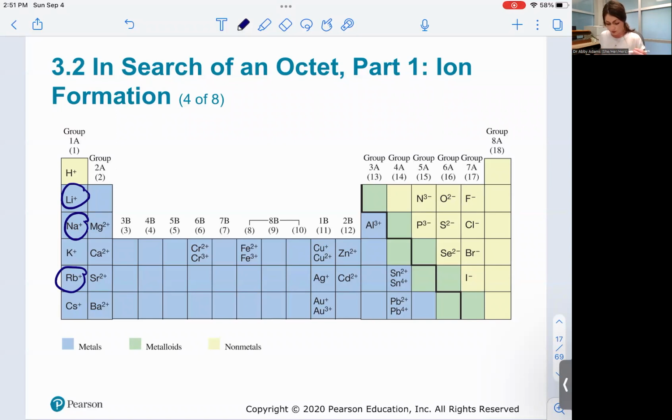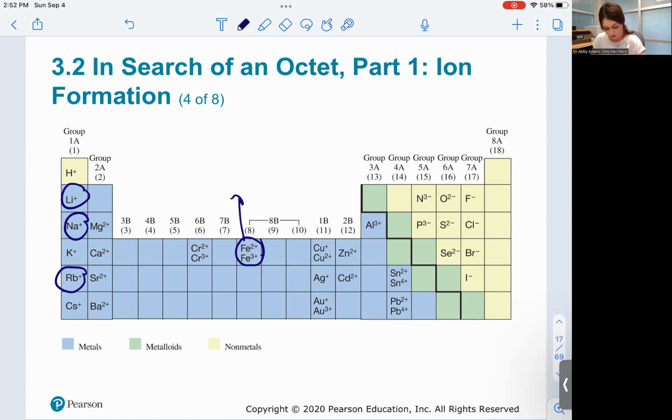So I mentioned earlier that the transition elements were different, like we have iron here. Okay, so what's going to happen is you're going to have to specify the electron rearrangement. So with iron, if you're going to lose 2 electrons, you're going to have a positive 2 charge.